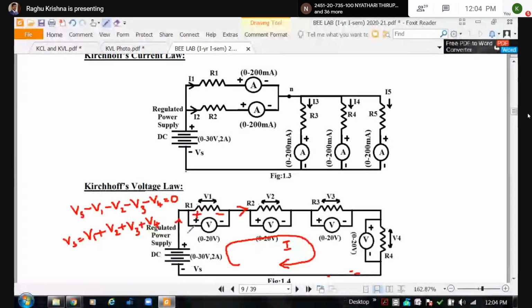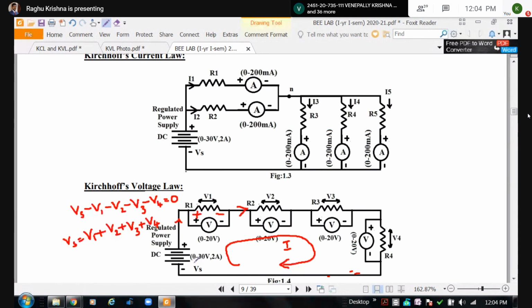When a current flows through a resistor, there will be voltage drop across the resistor, so plus to minus indicates voltage drop. Similarly here also plus minus, plus minus. Here V1, V2, V3, V4 are the voltage drops across the resistors R1, R2, R3 and R4 respectively. And here we have this voltage source.